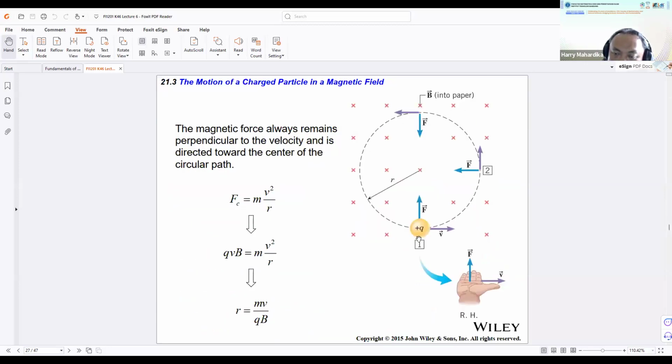So it basically goes back to the initial point: from here it moves here, moves here, moves here, moves here.